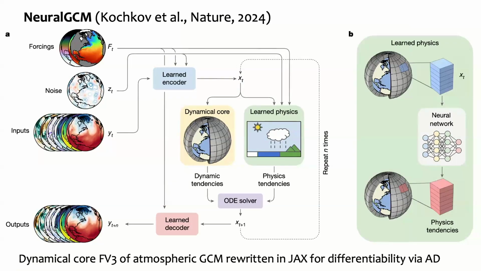Basically, it's a neural network architecture that is trained on data. Like many of these, they train this on reanalysis data, but it's good enough. The idea is to have a model where at least the physics is better calibrated against the data, in order to reduce model biases and have stable simulations. So this is for the atmosphere.